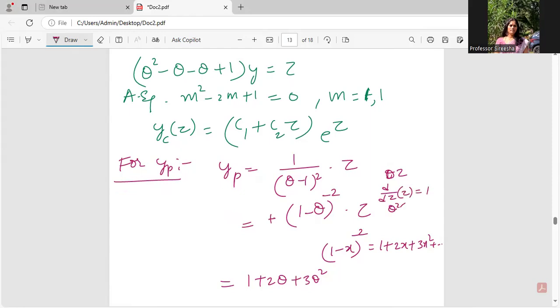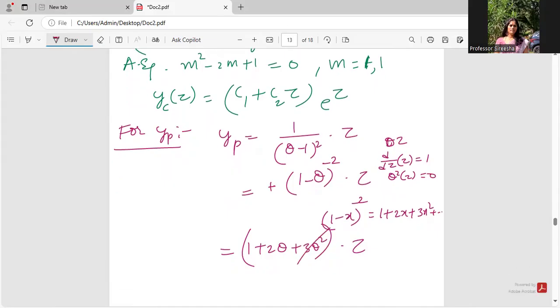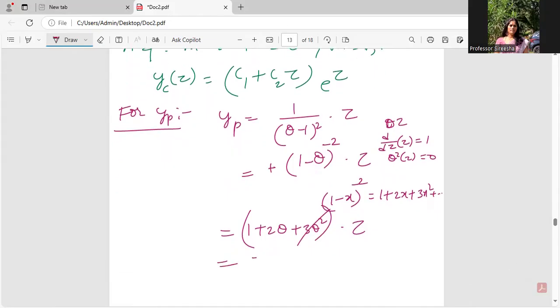Theta squared of z would be 0. Cube also would be 0. So till which term will I write? I will write only till the second term. So 1 into z would be z. Theta of z is 1, so it would be 2. yp would be z plus 2 in terms of z.